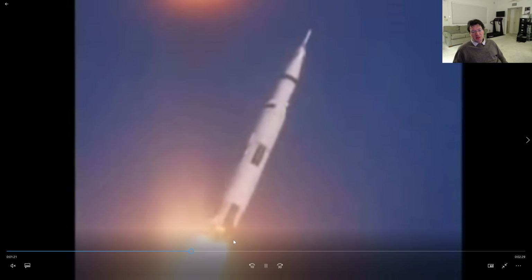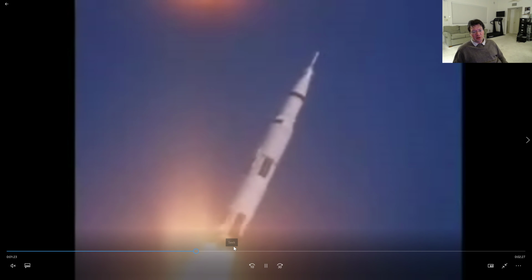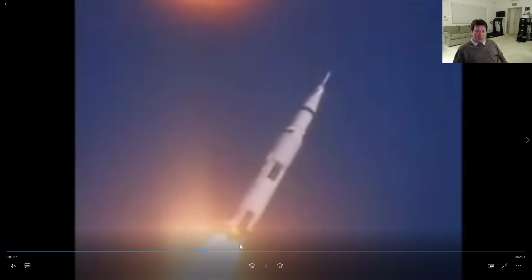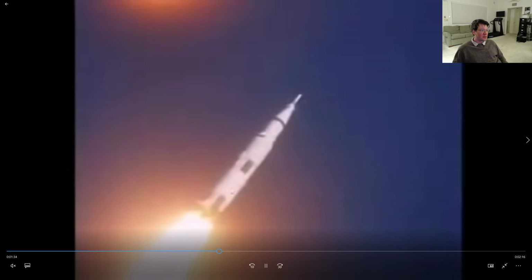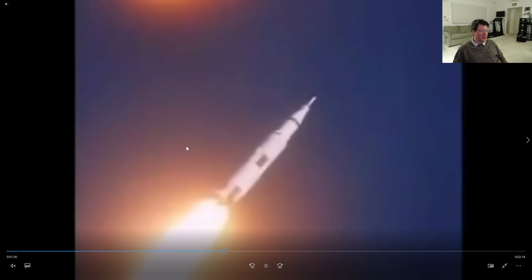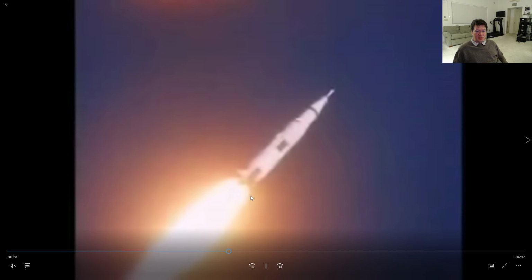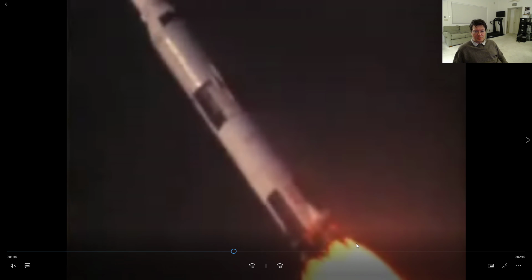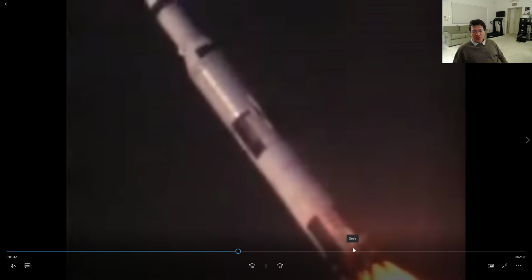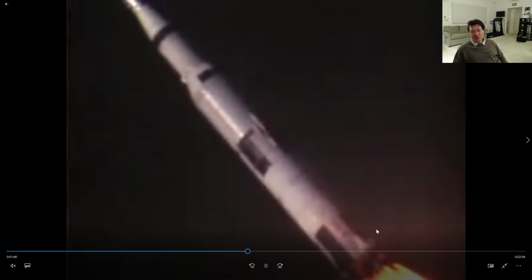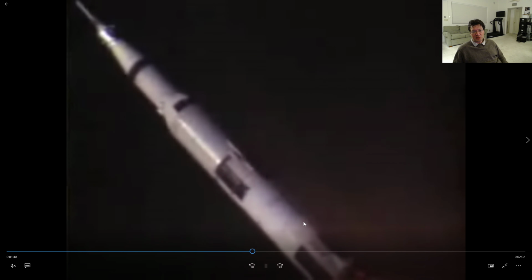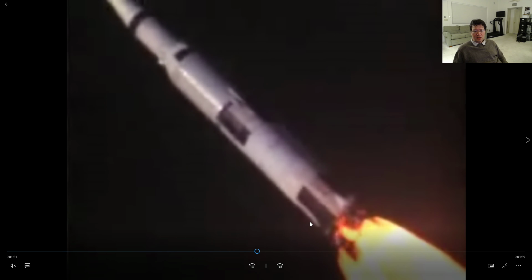So as we get farther out in the atmosphere, we see some of that gas escaping to the side. That's an inefficient use of our propellant when this gas escapes out the side. It's not organized motion, and that just means that these rocket nozzles are not ideally expanded for these higher atmosphere burns.